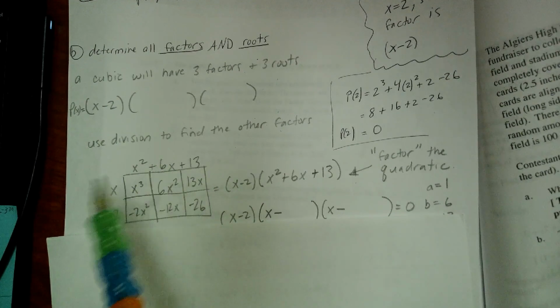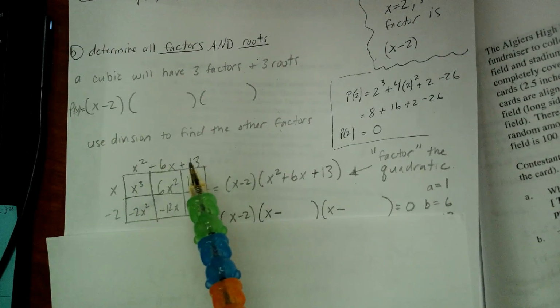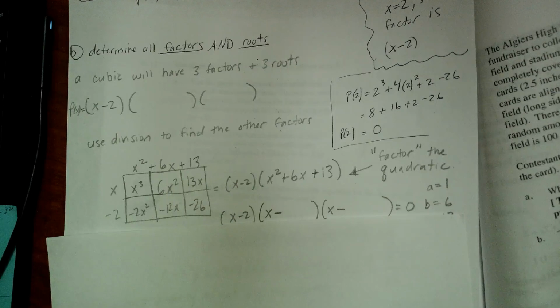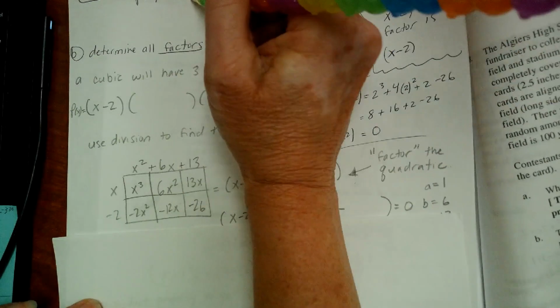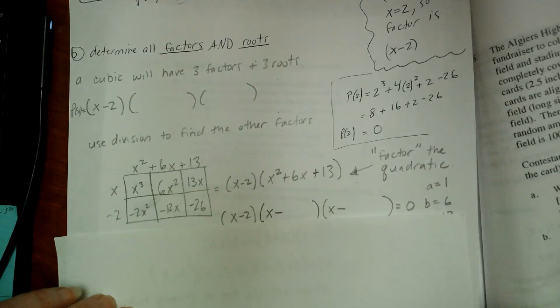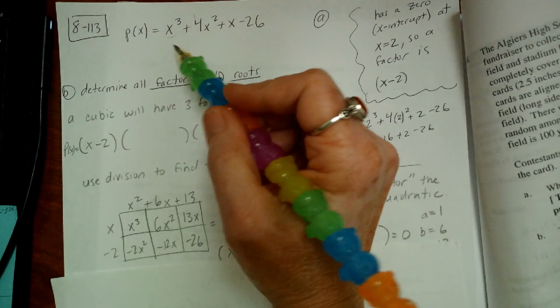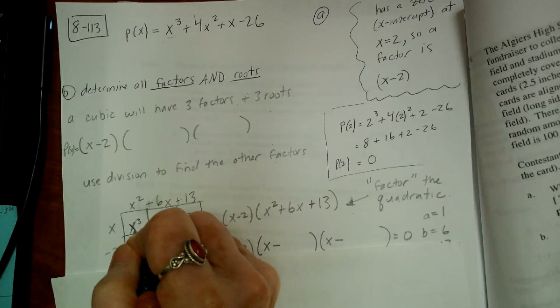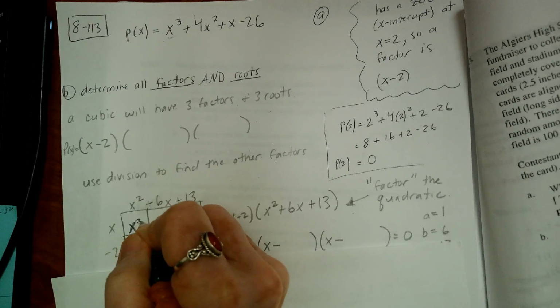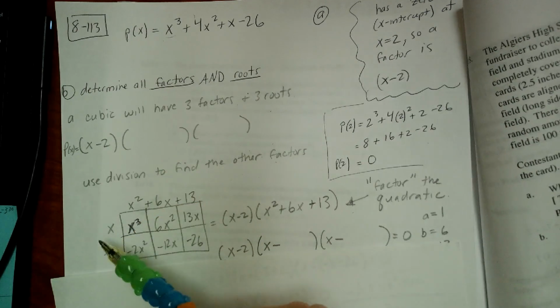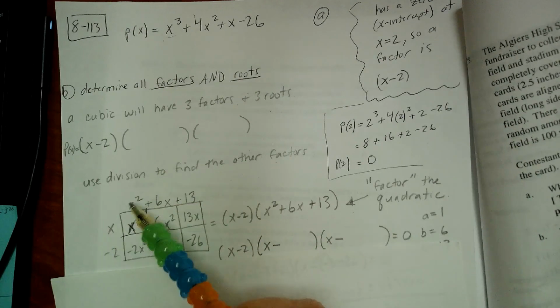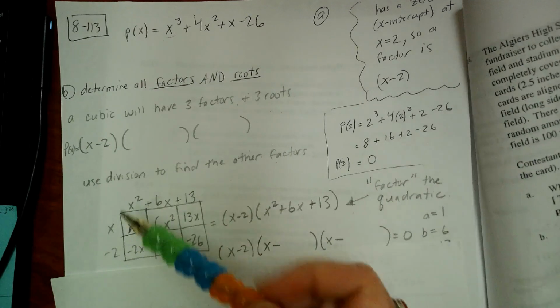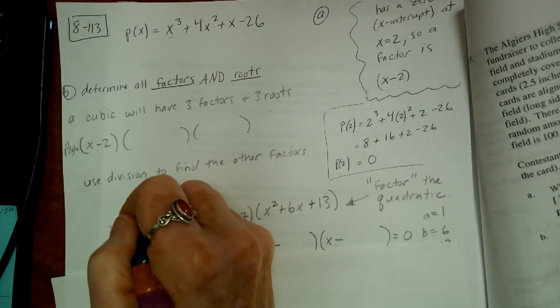I've already filled this in, but the process I took is you take the lead term, the highest degree term, and you put it in the top left hand box, and then you ask yourself, x times what equals x cubed, and that's where I got the x squared from.